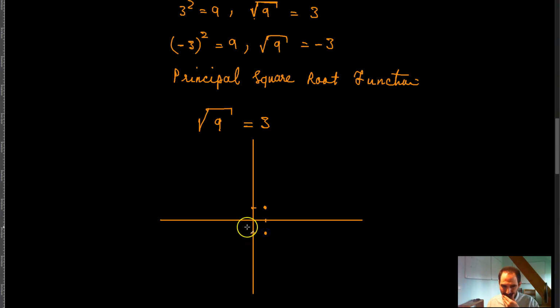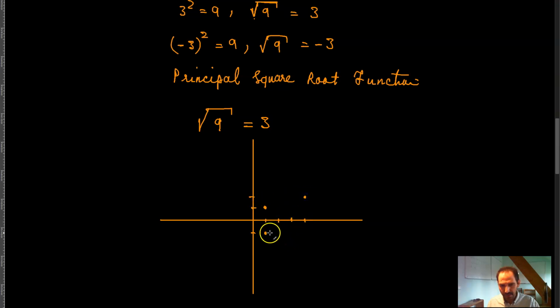The square root of 4 is going to be equal to 2. So 1, 2, 3, and 4, and 2 over here.